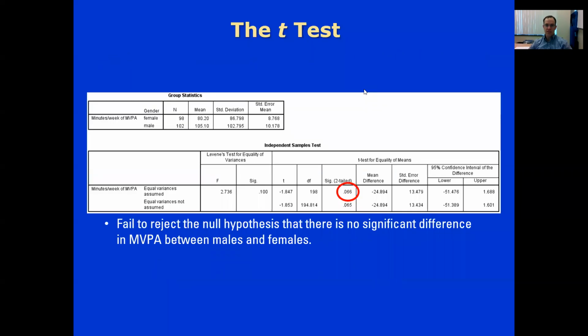So here is a t-test output from SPSS, and this is an example where we wanted to test if there was a significant difference in moderate to vigorous physical activity between males and females.